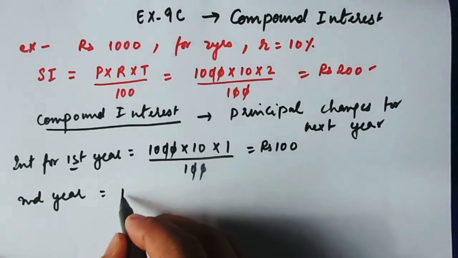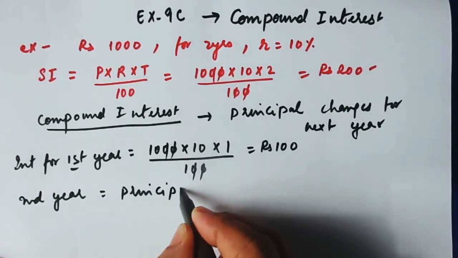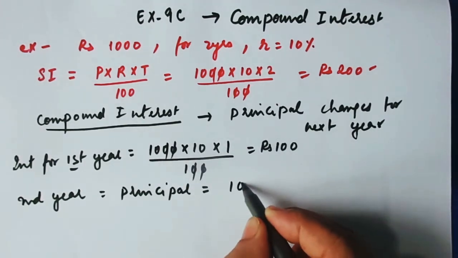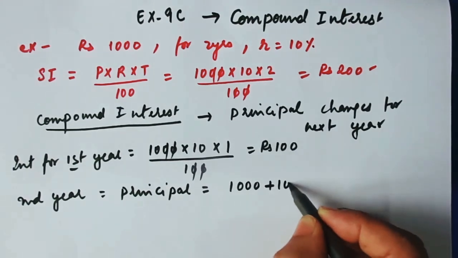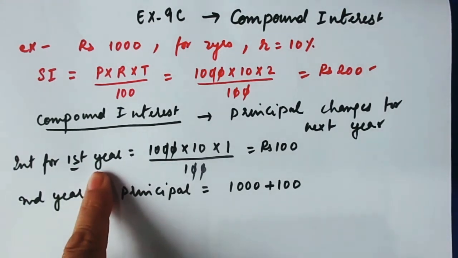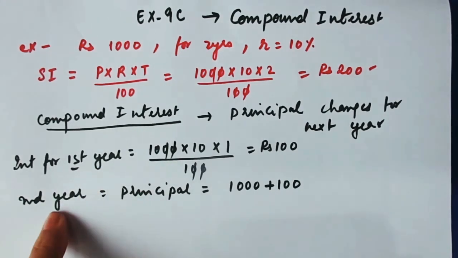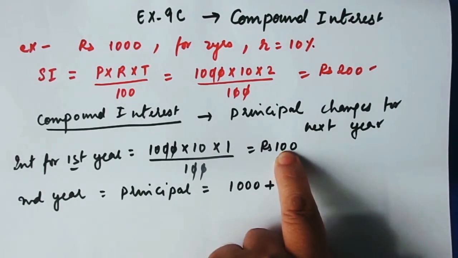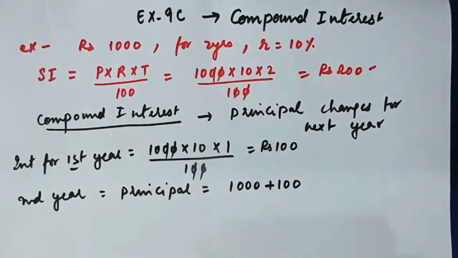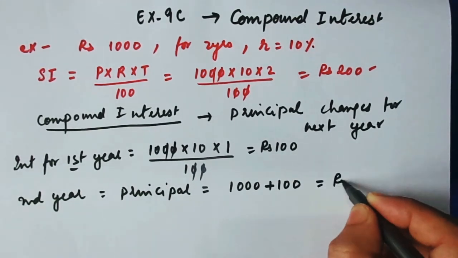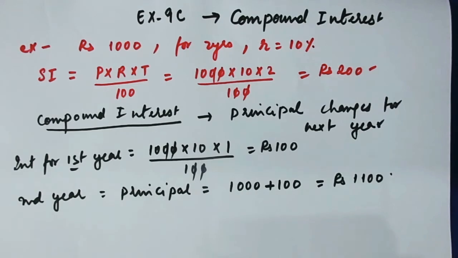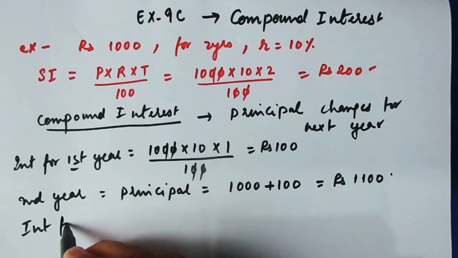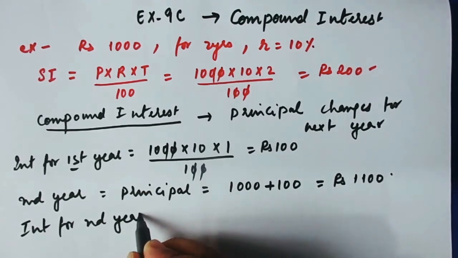Your principal will become 1000 plus 100. Means the amount at the end of the first year becomes the principal for the second year. Why? Because you haven't paid the interest. So in the second year your principal will become rupees 1100.